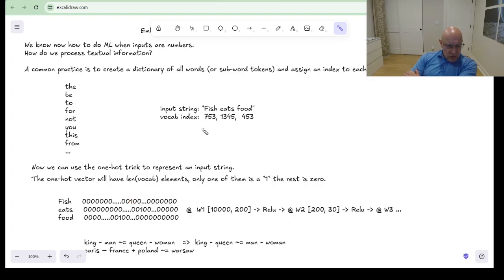Let's say fish was 753. After you multiply this vector by this matrix, the output will be simply the 753rd row of this matrix. It will be 200 numbers, because we output 200 things, simply stored in the 753rd row. It doesn't matter what the values in other rows are, because they all get multiplied by zeros.